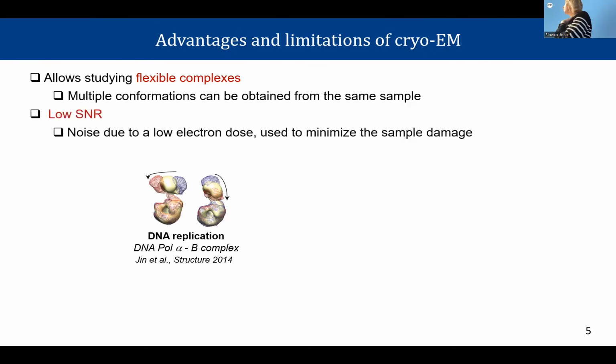And so the problem that we have now in cryo-EM is a very, very low signal-to-noise ratio. This noise comes from the fact that we employ a very low dose of electrons in the microscope. Electrons will irradiate the sample, so the electron dose is low in order to minimize this radiation damage.